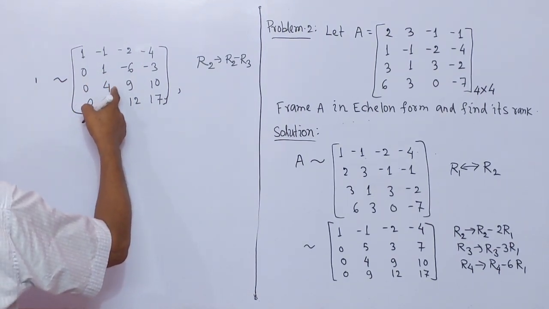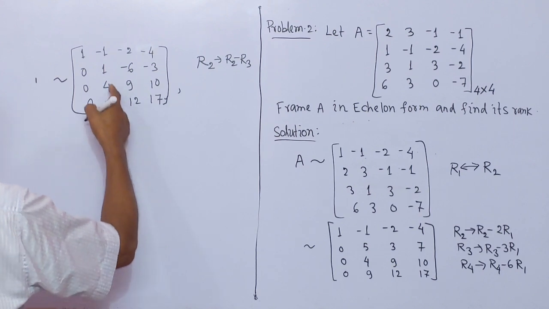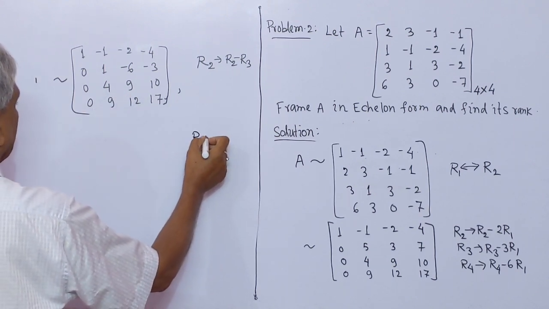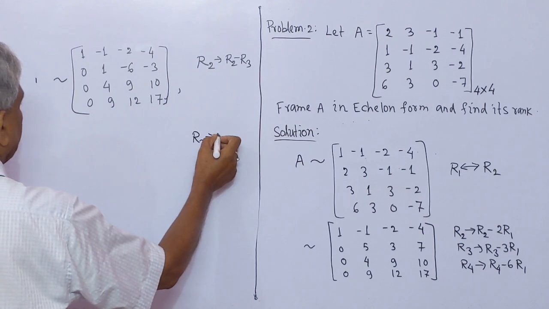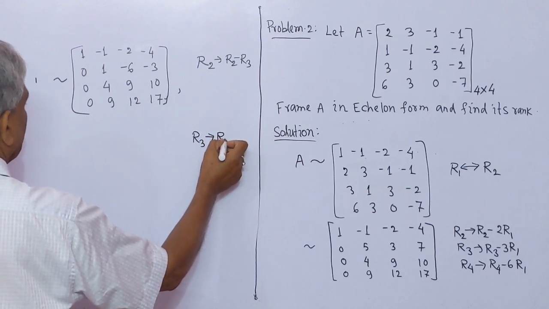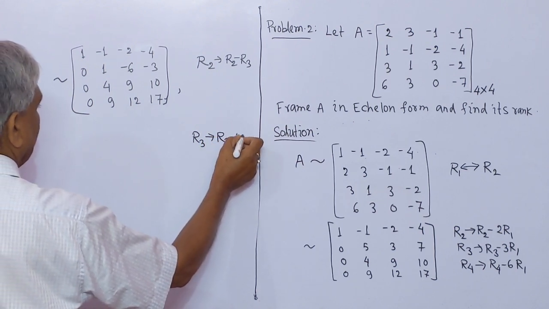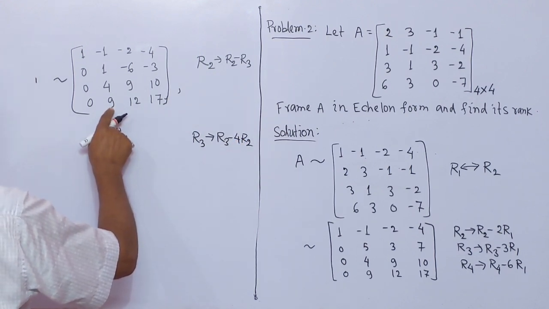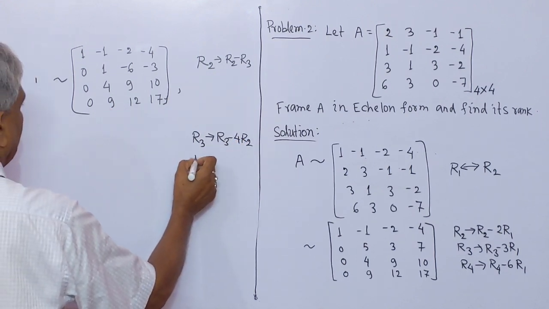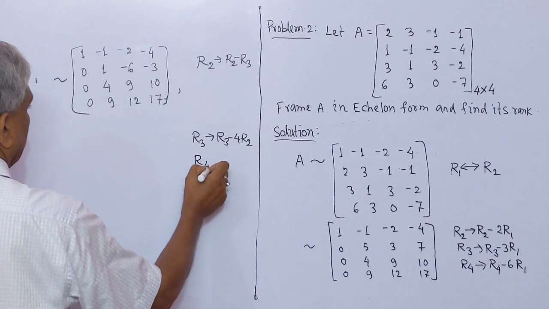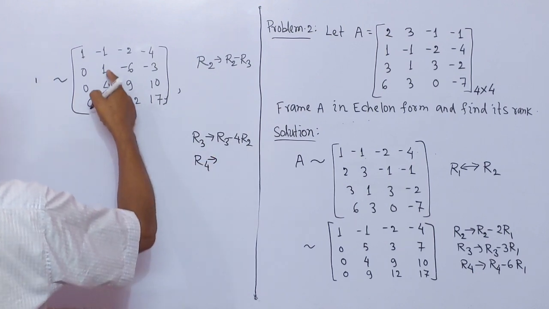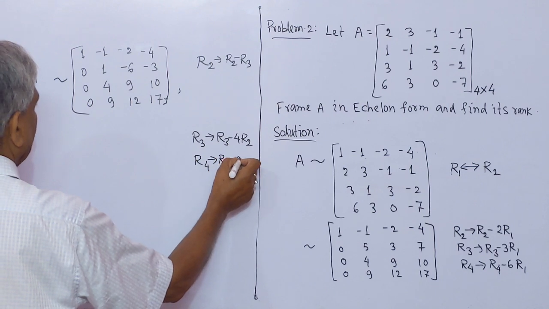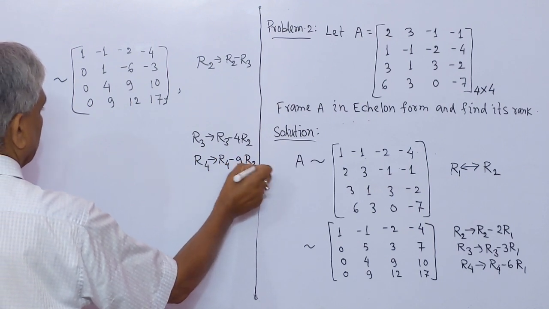Here we make 0. So in place of R3 we write R3 minus 4R2. Here we make 0. R4, in place of R4, R4 minus 9R2.